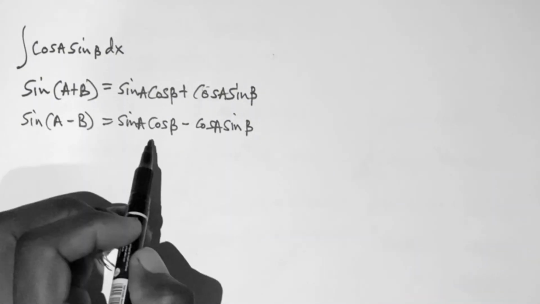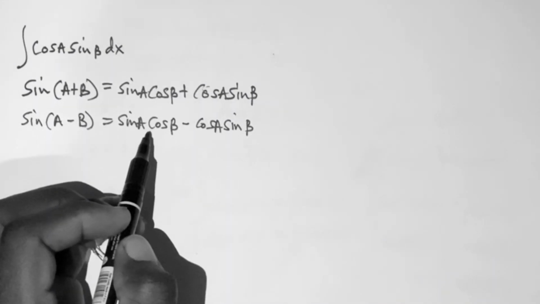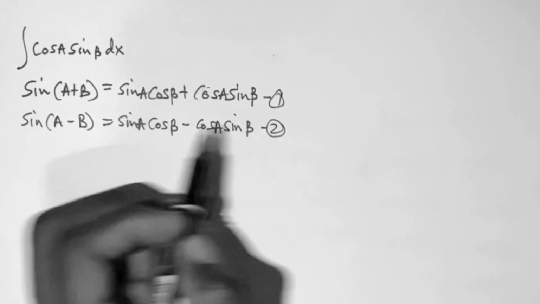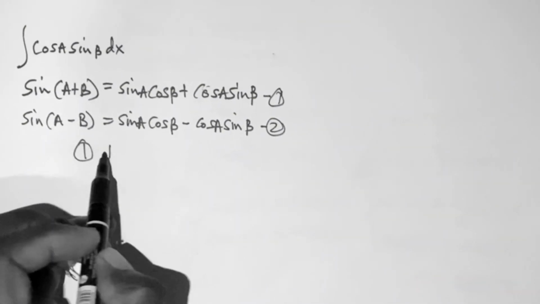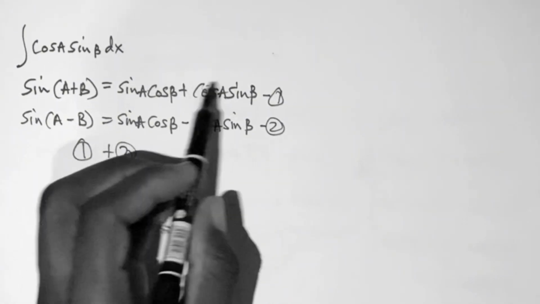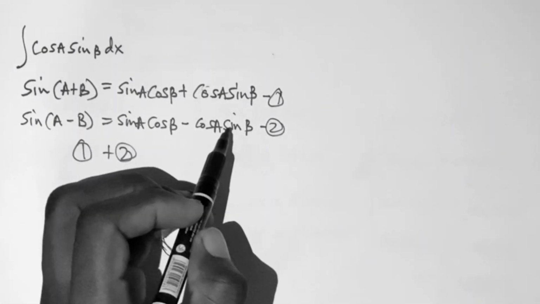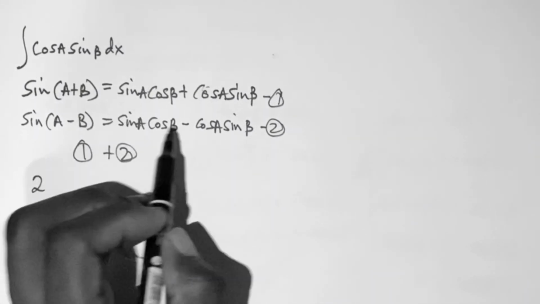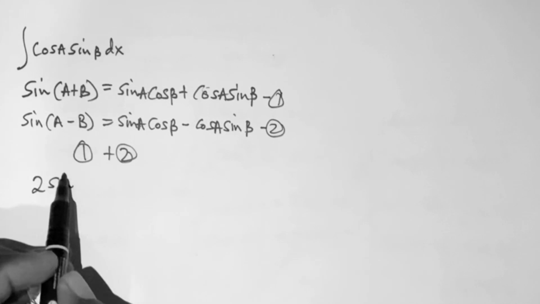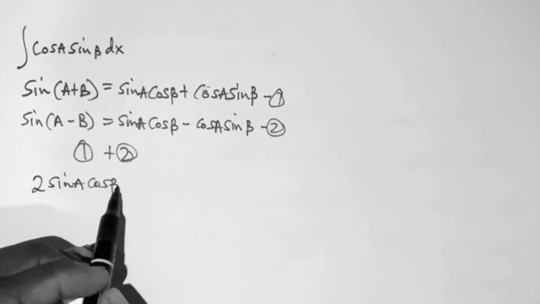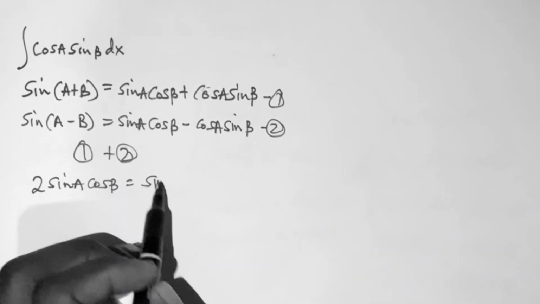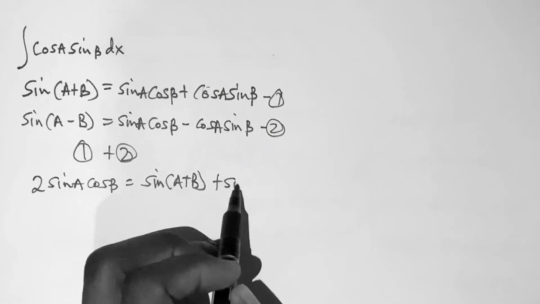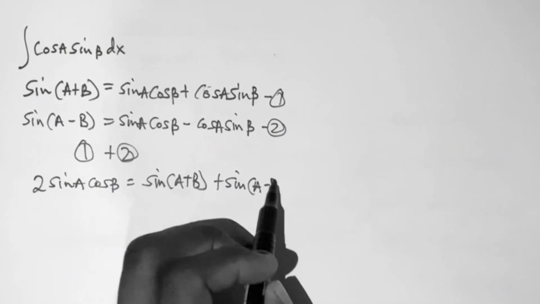So you see that for these two, let's assume this is equation 1 and this is equation 2. If we add equation 1 and equation 2, this part of the equation will vanish. So sine A cos B plus sine A cos B is 2 sine A cos B. That is equal to sine of (A plus B) plus sine of (A minus B).